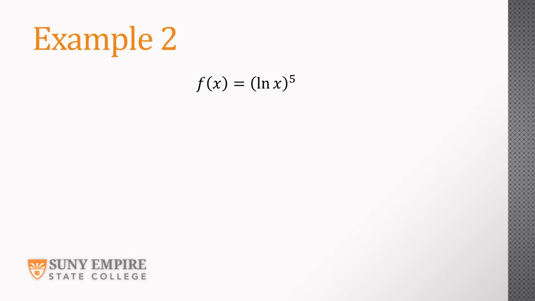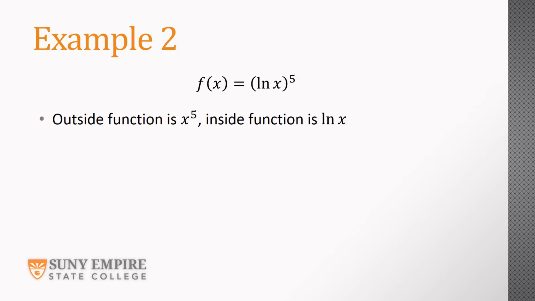Not all functions compose as nicely as this first example, as we shall see. Suppose we have the function f of x equal to the natural logarithm of x, raised to the 5th power. We have an outside function of x raised to the 5th power and an inside function of the natural logarithm of x. The derivative of x to the 5th is 5 multiplied by x to the 4th power. The derivative of the natural logarithm is 1 over x.